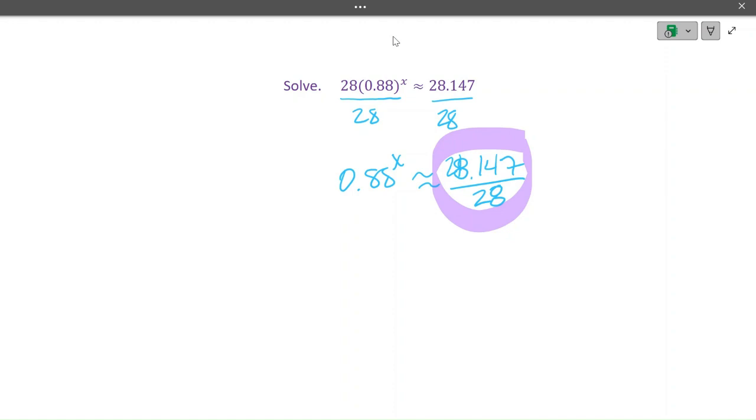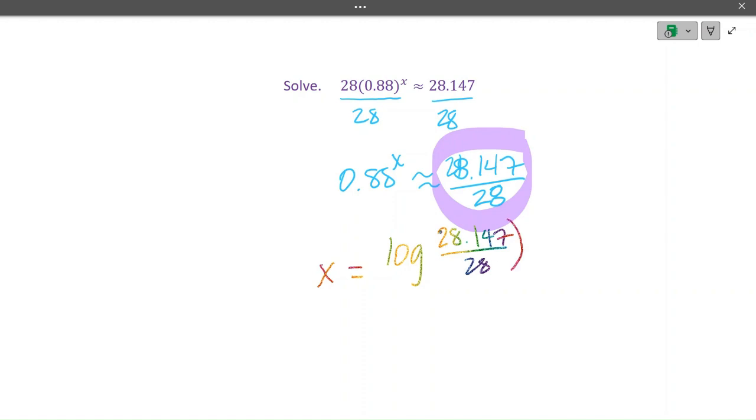So we have our base and our exponent on one side, everything else is on the other. It's time to use the change of base property. Remember, we're doing that because 0.88 is our base, not 10. So I start by saying my exponent, which is x, is equal to the log of the non-base, which is 28.147 divided by 28.